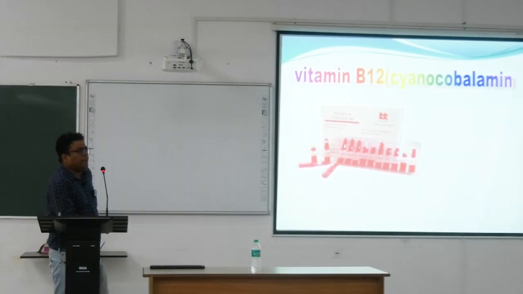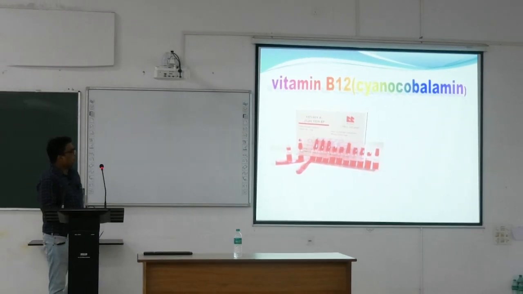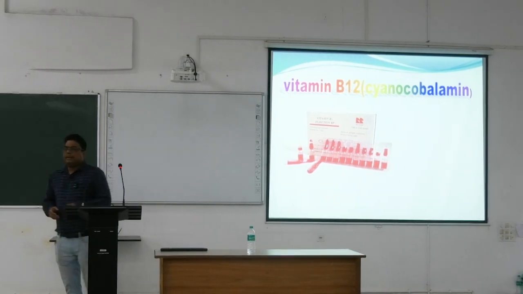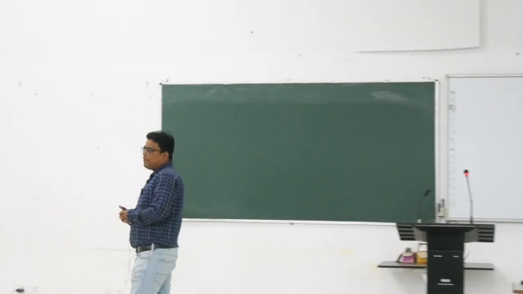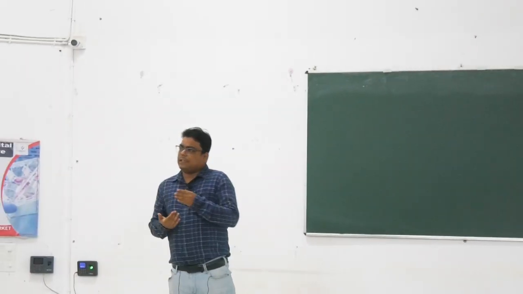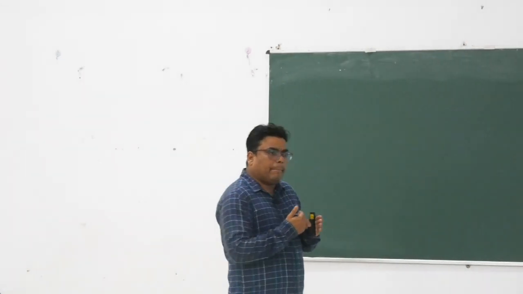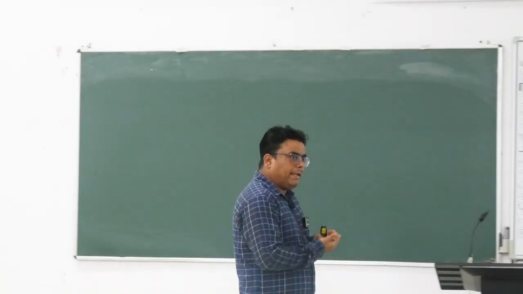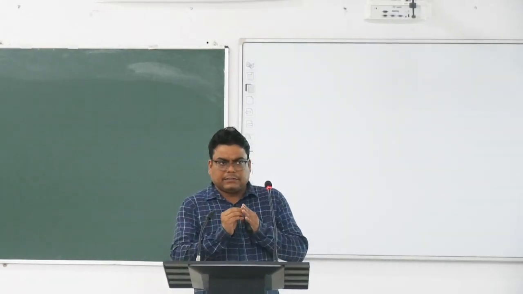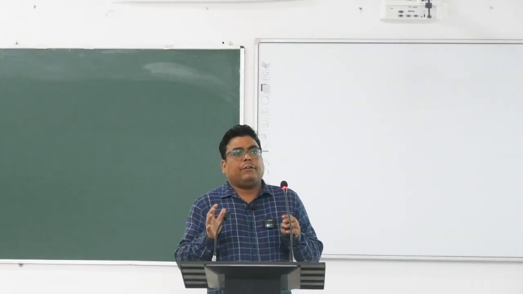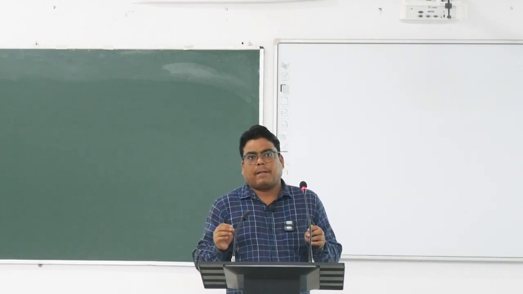Now we also see another important vitamin. It is called cyanocobalamin. It is known as vitamin B12. Vitamin B12 is a very important vitamin because if a person has a deficiency of vitamin B12 or B9, then there is tingling and some neurological disorders may come.